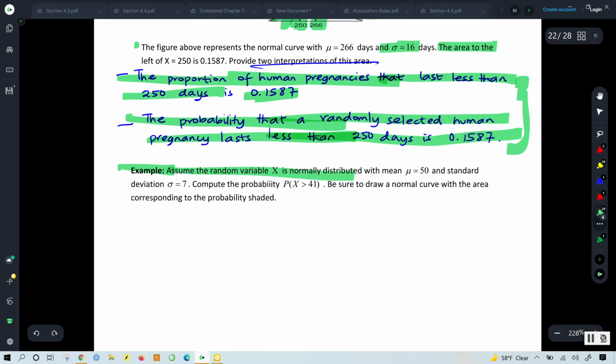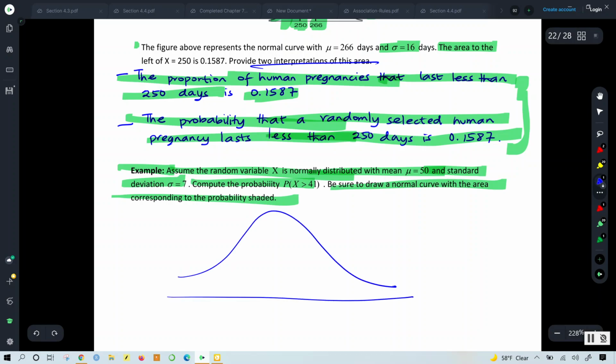Assume that the random variable x is normally distributed with a mean of 50 and a standard deviation of 7. We are to compute the probability that x is greater than 41. Be sure to draw a normal curve with the area corresponding to the probability shaded. So we'll draw the normal curve and locate first the mean.